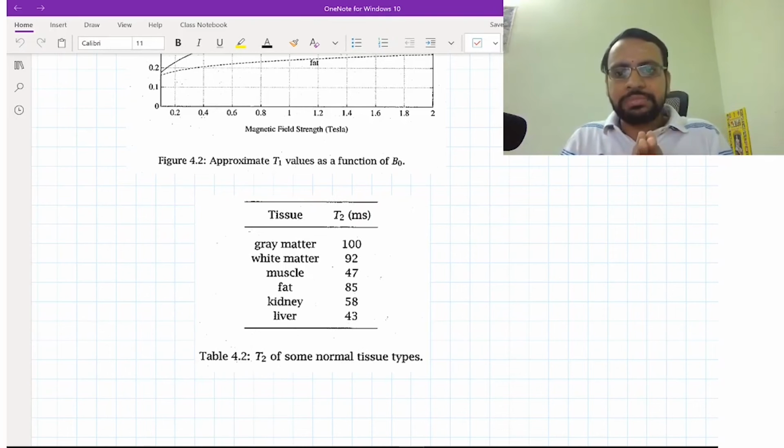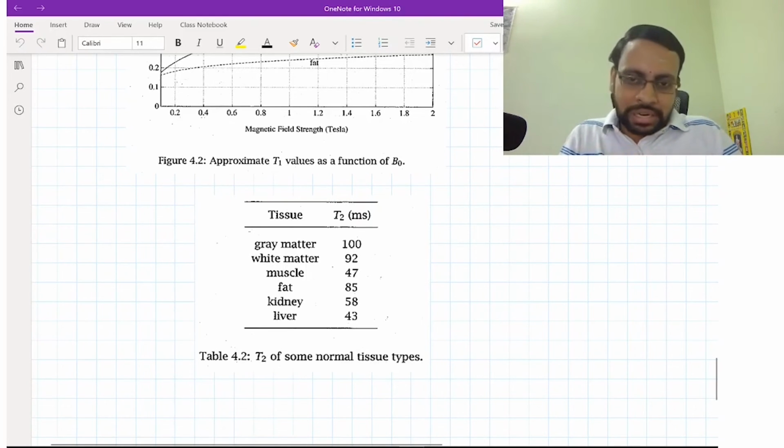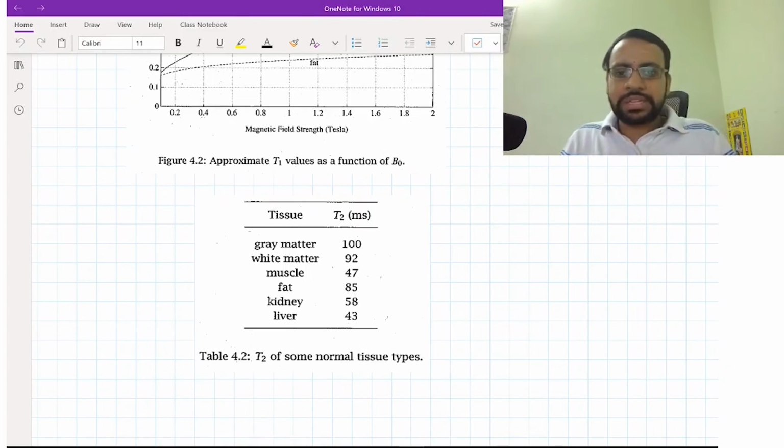So this is very much sensitive to the kind of material that you have, and it's much faster. You could see here for gray matter, let's say, 100 milliseconds, white matter 92 milliseconds, and liver 43 milliseconds. So it's some order of milliseconds.